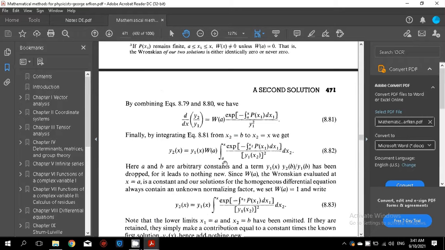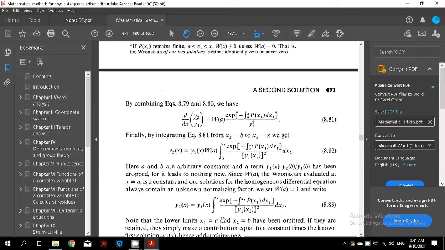and we will take the contribution from the lower limits equal to 0, to simplify this formula as equation 8.83, that y2(x) is equal to y1(x) integral up to x of the exponential of this and this.